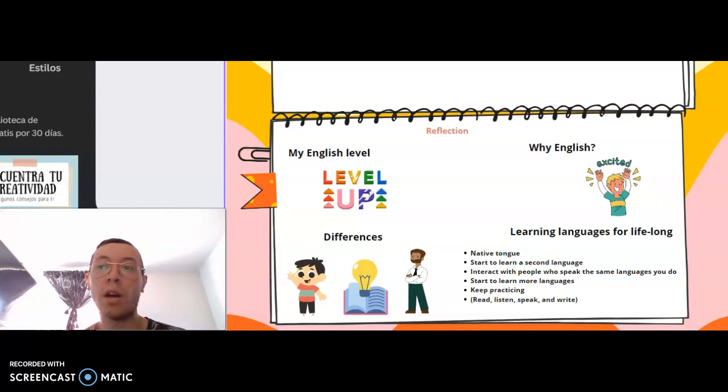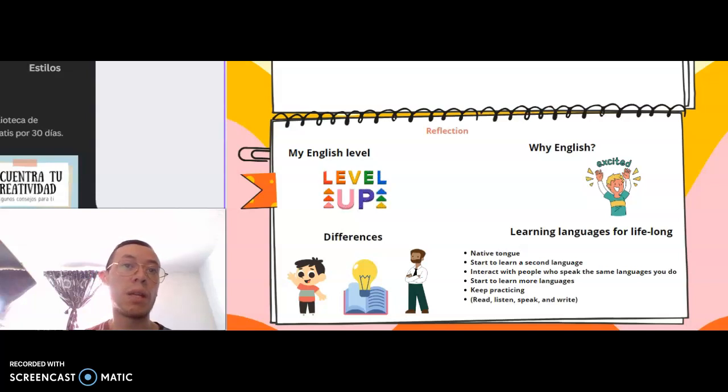And also we have some other tools that will help us to keep practicing. I'm talking about tools such as videos, movies, songs, or even books.